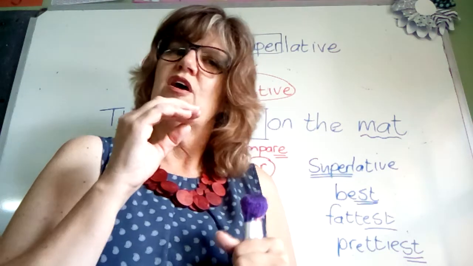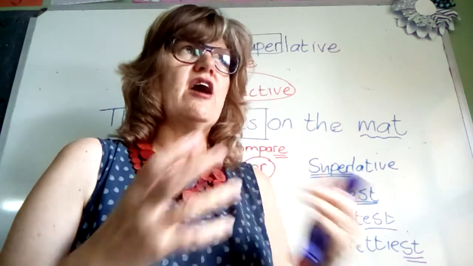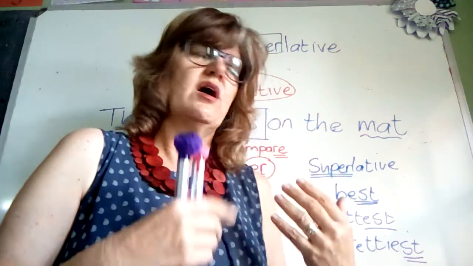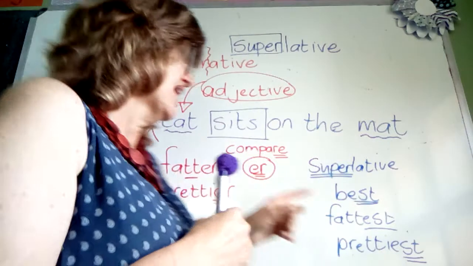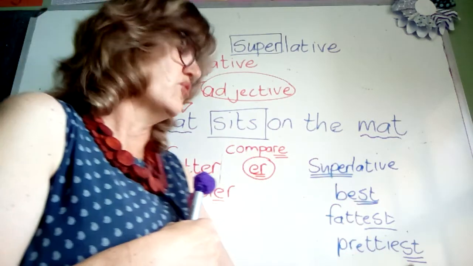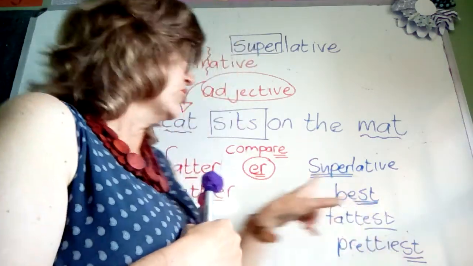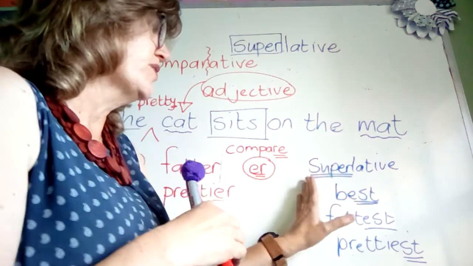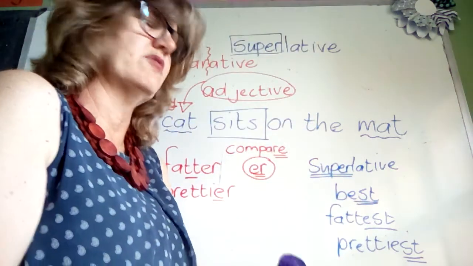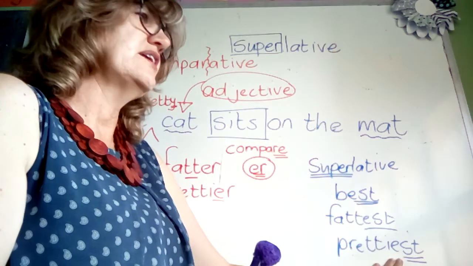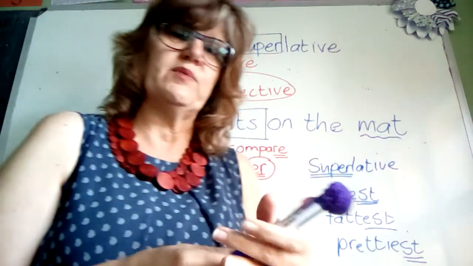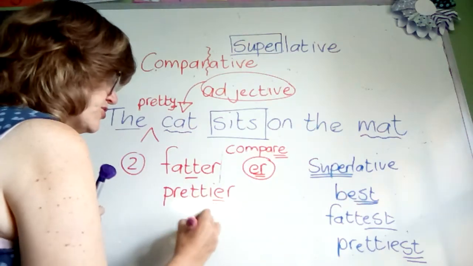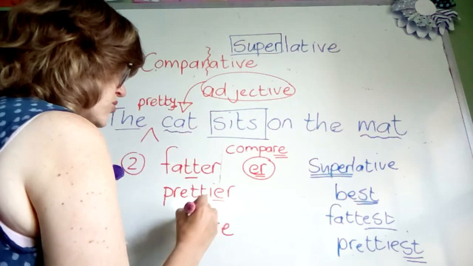All right, so we don't do that. Now you're going to ask me, okay, when do I know it's one of those words that I can't say er or est, best or compare. All right. I'm talking superlative means of all of them. Okay. So I need to do something else. So what we do is, I hope this is still on the video, I'm going to use the word more.